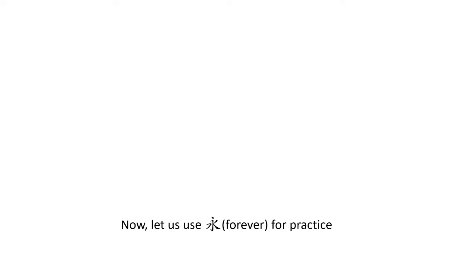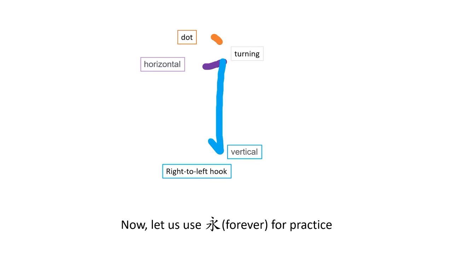Now, let's use Yong to practice those elements. This character consists of most of the elements we have learned. And it's a common character for a calligraphic beginner as well. It begins with a dot, followed by a short horizontal line, a 90 degrees turning, and goes down with a vertical line.